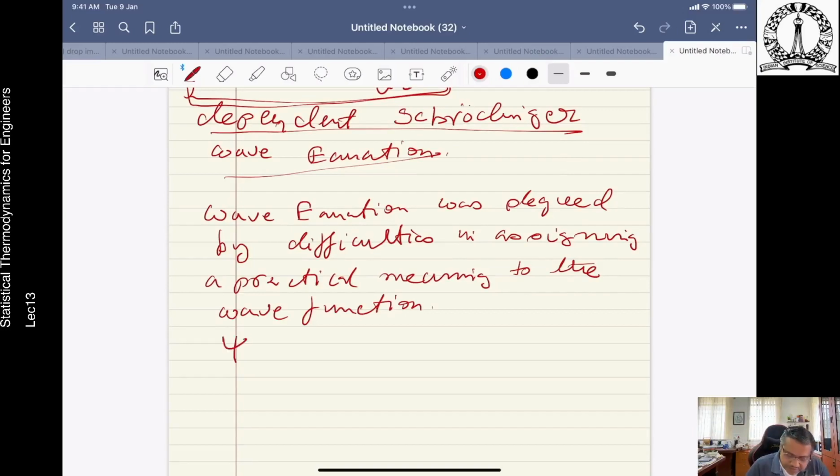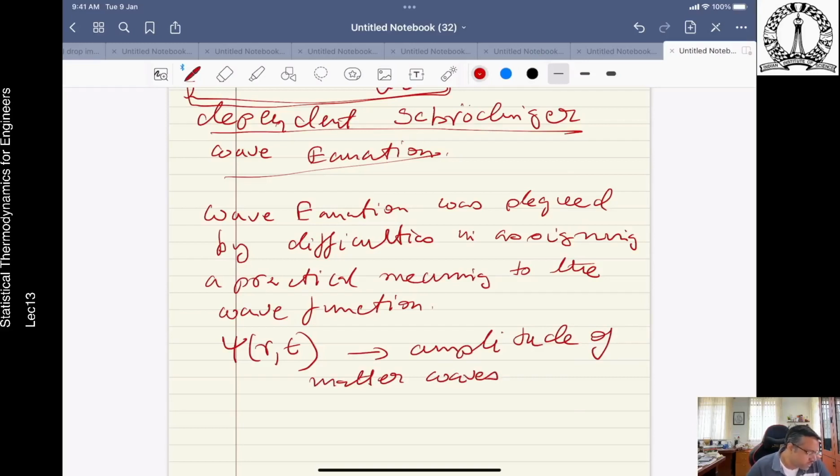For example, if we say this is the wave function, ψ(x, t) or ψ(r, t), defined as the amplitude of matter waves, it is too vague a definition, and did not offer a clear link between model and experiment.